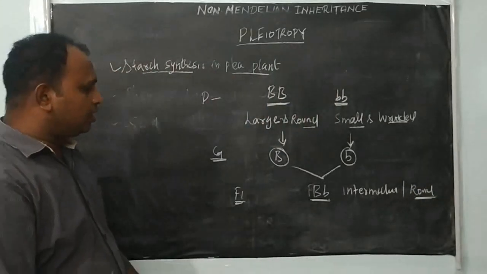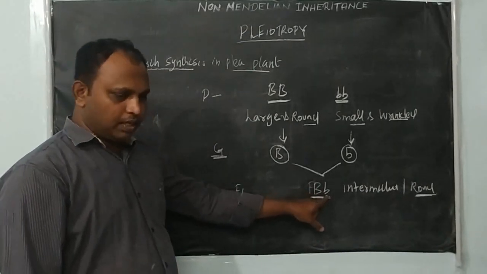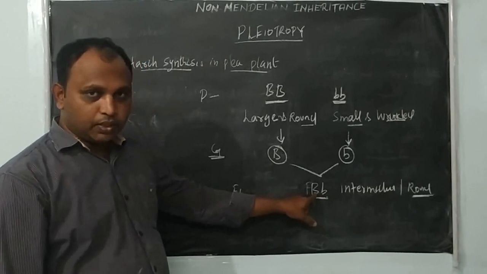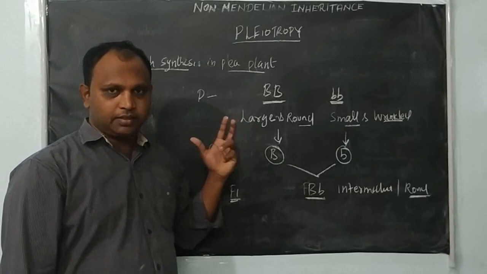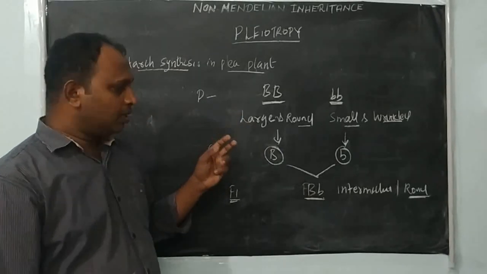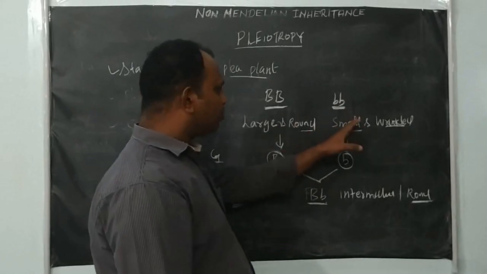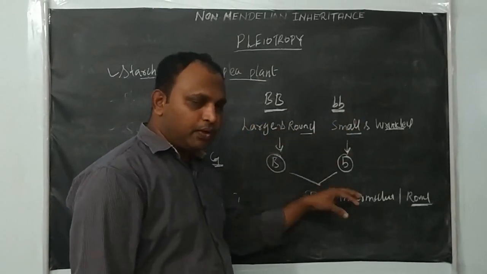But here you can see it is the same gene pair only, capital B and small b. But capital B, dominant when present in homozygous condition, produces large size seeds. The large size is a phenotype. But here the size is somewhat reduced. It's not looking small, not looking large, so it is producing another phenotype.